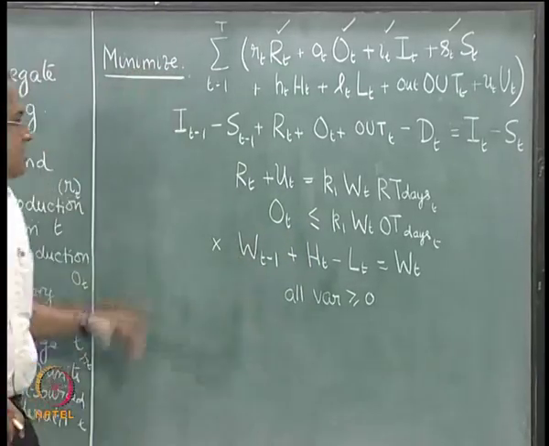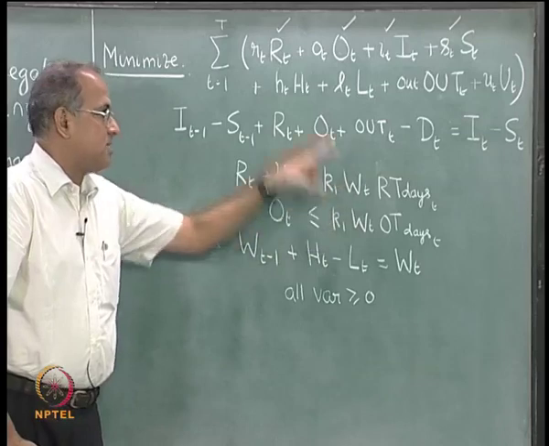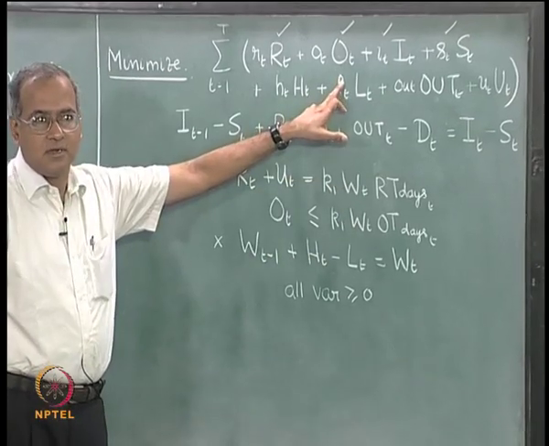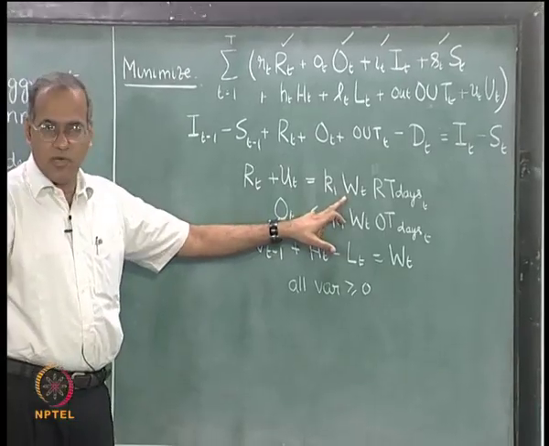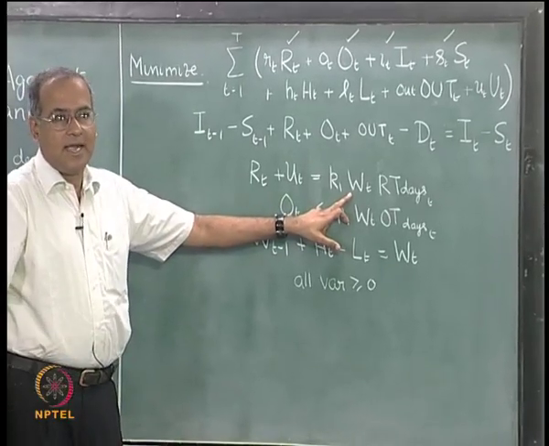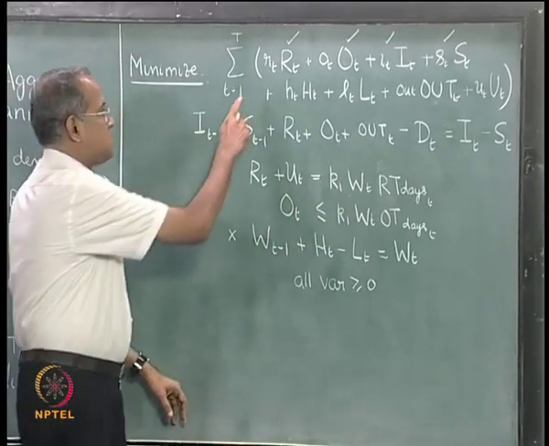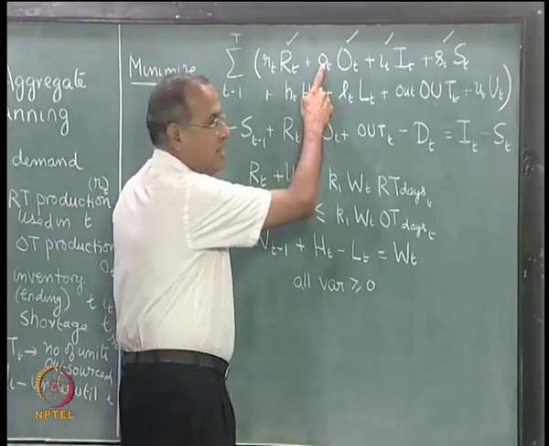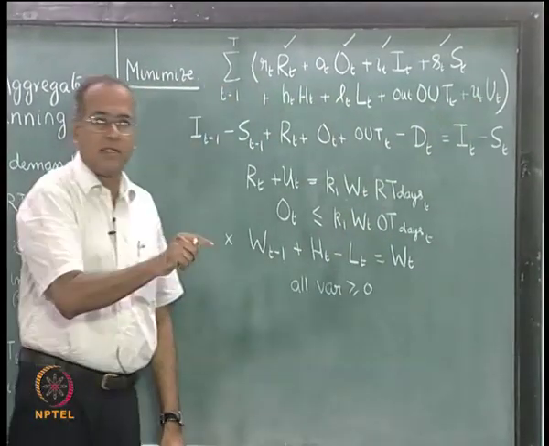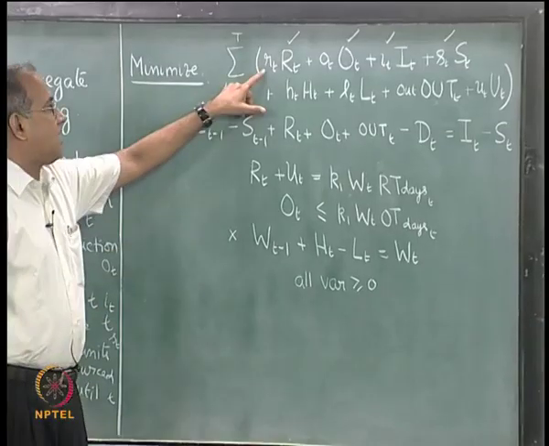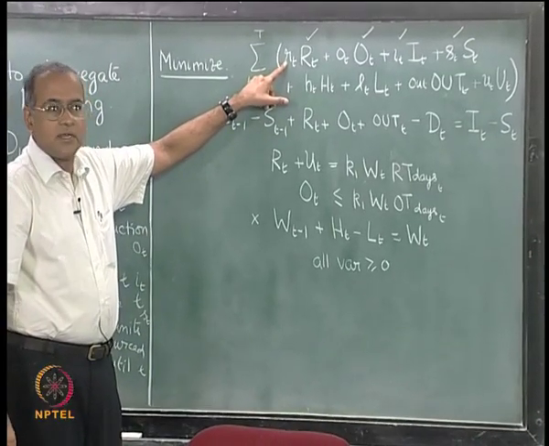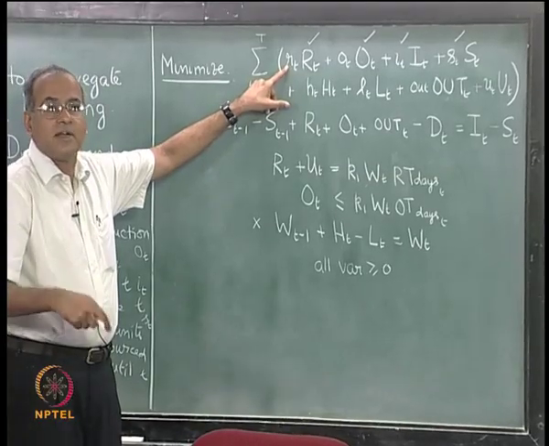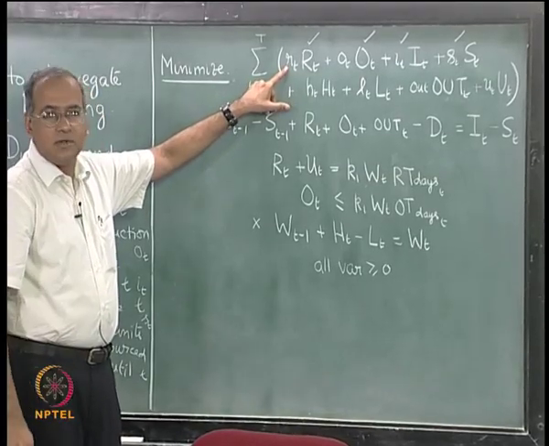Another way to do it is to separate it and then bring this WT into the objective function by saying that there is a payroll cost for WT people, W into WT, and if we do that, then this RT, this OT and this UT will not consider the payroll component. So this RT will only be the cost of material, the cost of consumable, the cost of other power and few other things which will go into RT.